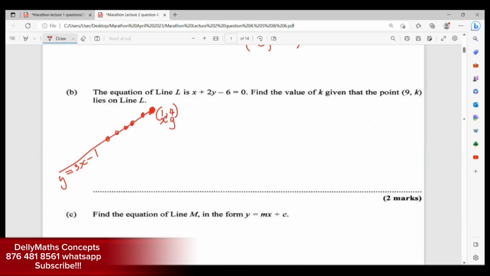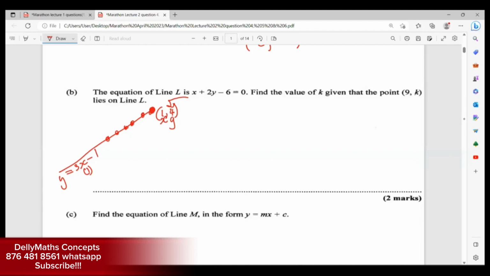If I put number 1 where the x is and work out the maths, it's going to tell me the y value. That's what the equation of the line is equipped to do. As long as the point is on that line, if you take the x value and plug it where x is and work out the maths, it's going to tell you the y value.